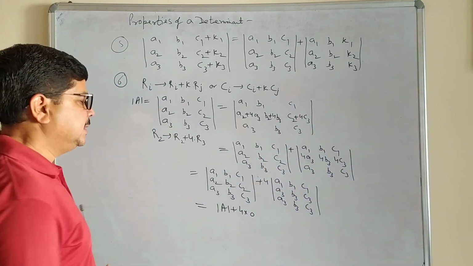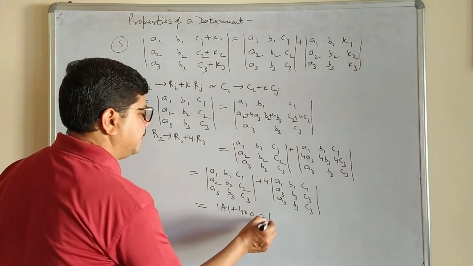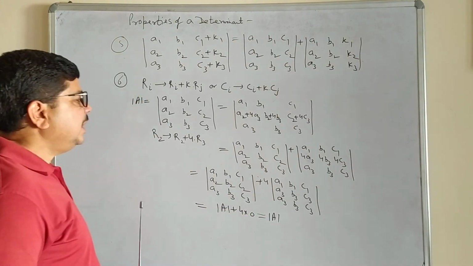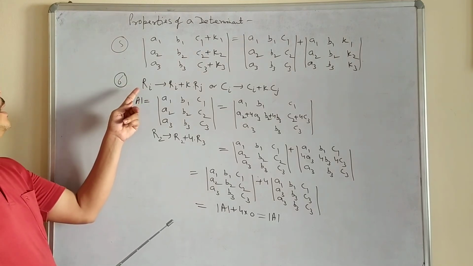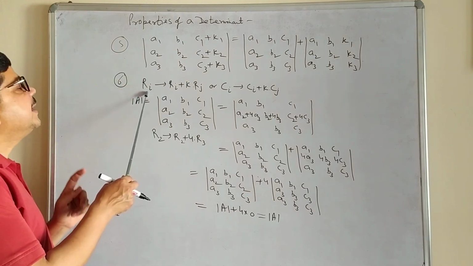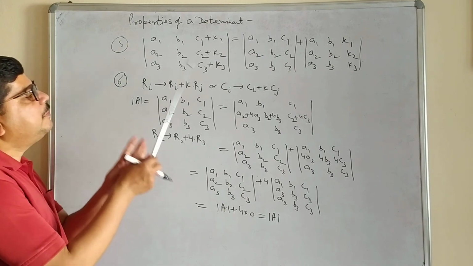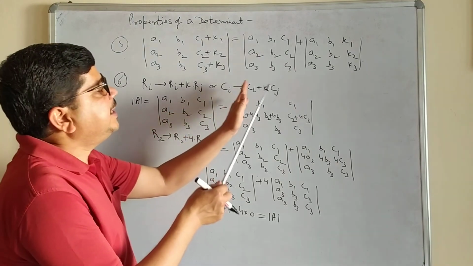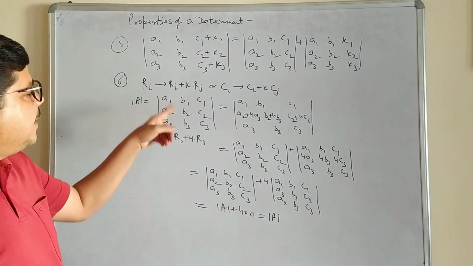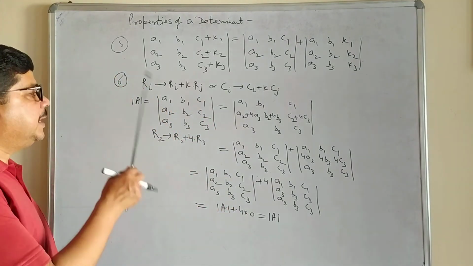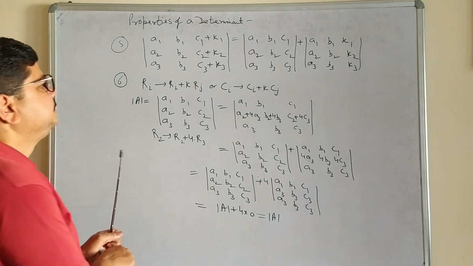So it means we can use this elementary operation, or we can write Ri as Ri plus K times Rj, Ci as Ci plus K times Cj. After applying this operation, the value of the determinant remains the same.